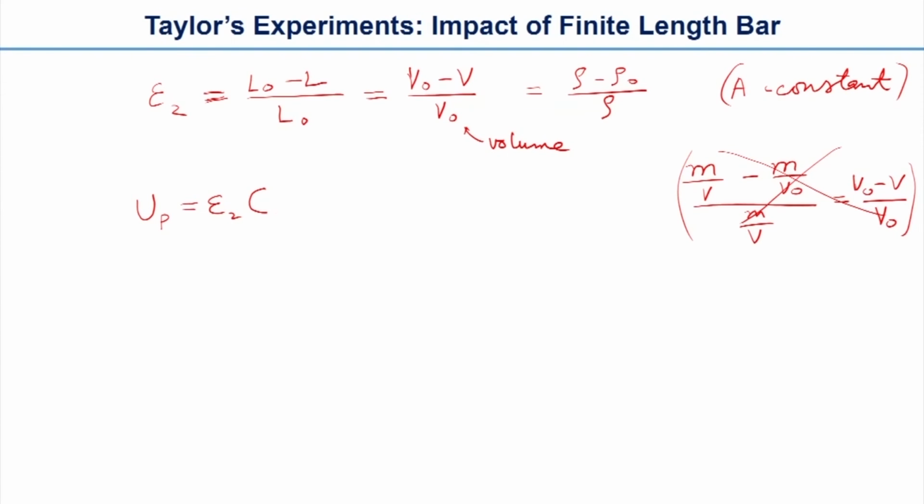Since the material is elastic and we are talking about elastic wave propagation, we can use Hooke's law, which gives epsilon 2 equal to sigma by E, where E is the Young's modulus. So from here we can write up is equal to sigma by E.